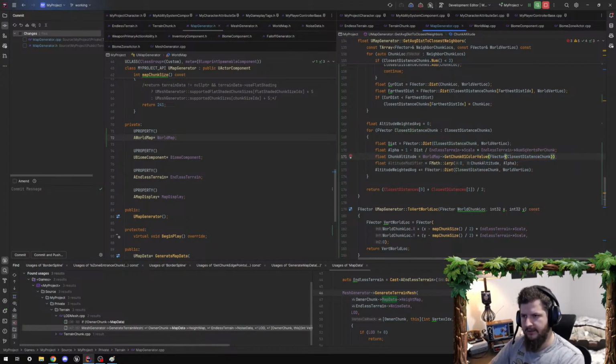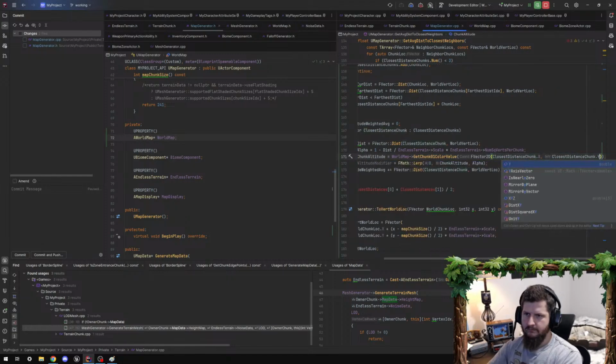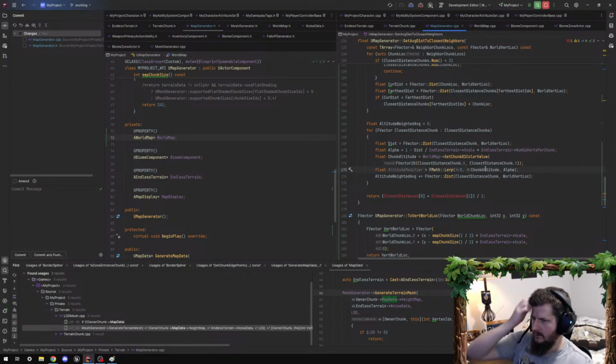I have no idea how well this is going to work. But that does give me somewhat of an altitude modifier, and so then I need to take that altitude modifier.